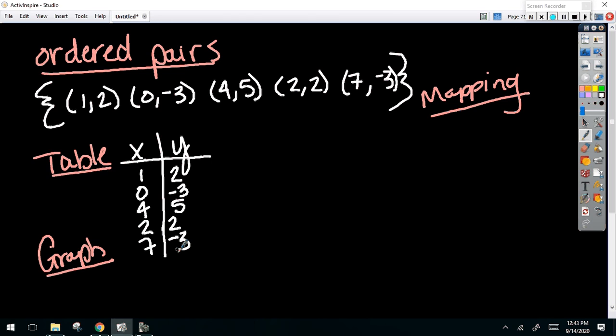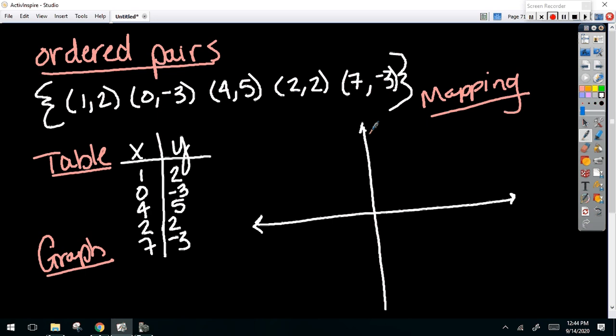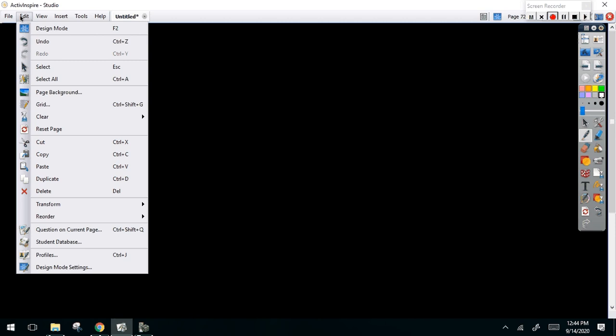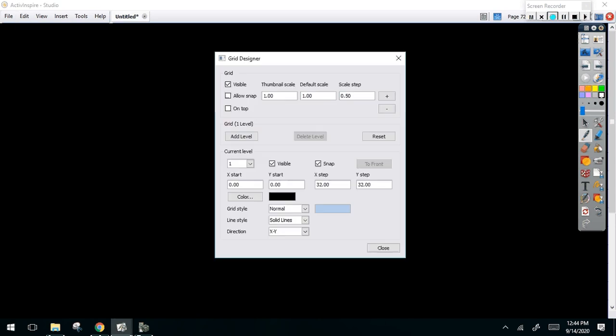If I graph these, I think that I am going to let y'all come up and graph these. Are we drawing the graph? Yes. Let's make sure we can all graph points. Actually, you know what? I'll put it on a whole other page, and I'll put a grid on here for you, because that's just how much I care about y'all.